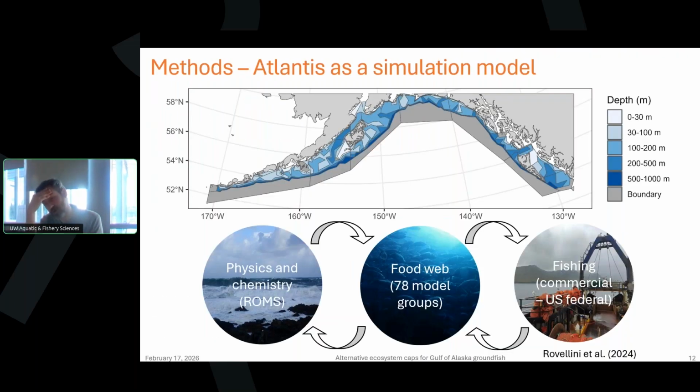So the model that we use is a simulation model. The framework is called Atlantis. It's an end-to-end ecosystem model that basically includes the physical submodel. It's a food web model at its core, and then a fishing and socioeconomic model. And again, I'll talk about commercial, federally managed U.S. fisheries. It's a spatially explicit model.